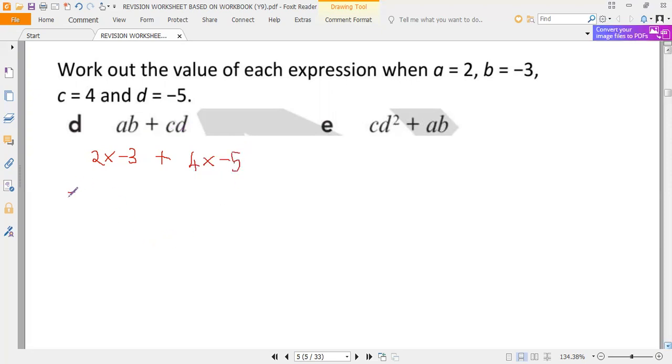Okay, the next step is 2 times -3, -6, plus 4 times -5, -20. So we have a plus and then a -20 here. So -6 plus and minus, positive and negative, will turn into a negative, -20. So the answer is -26.